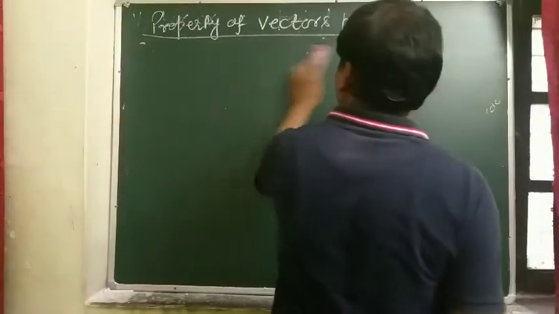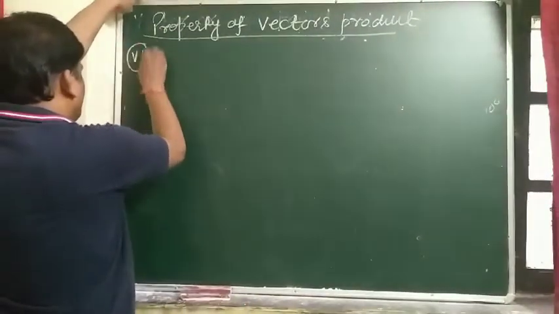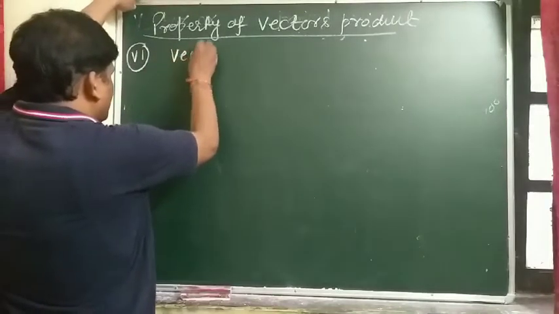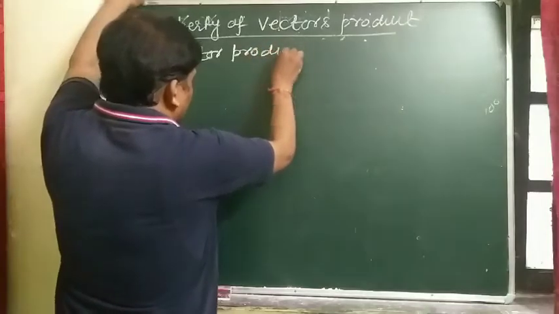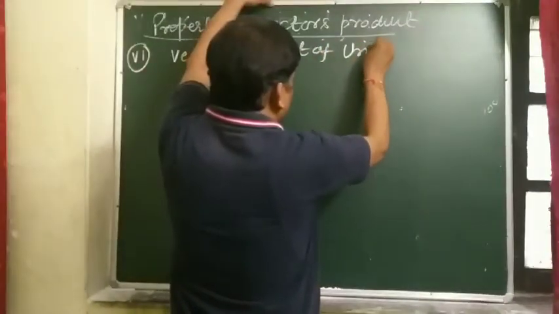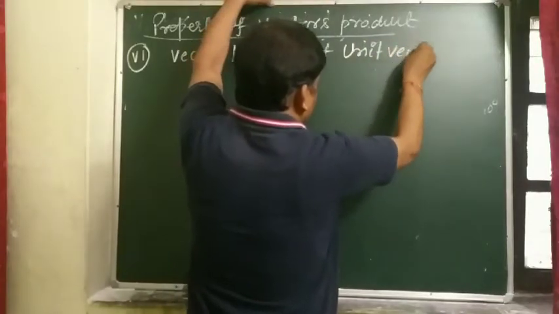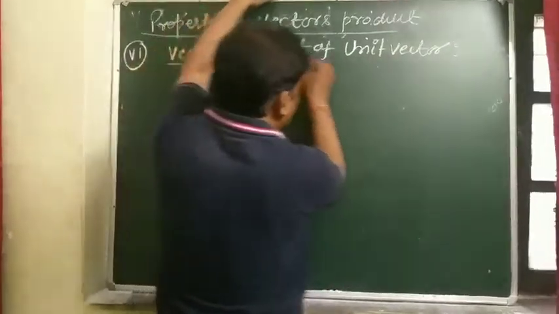Next property: the vector product of unit vectors.